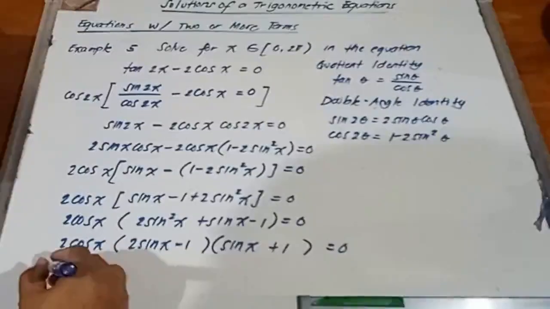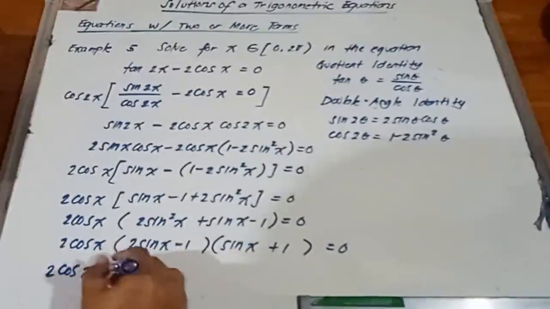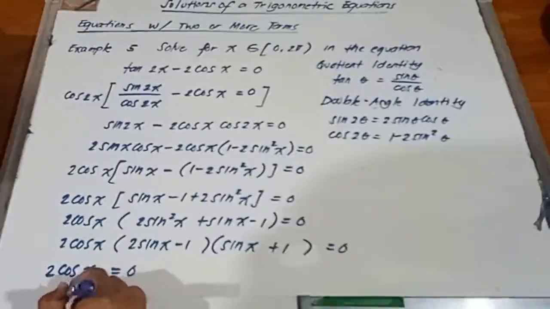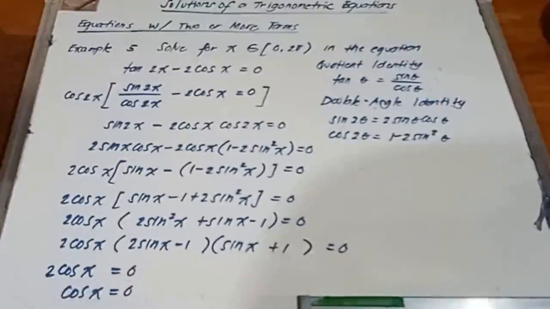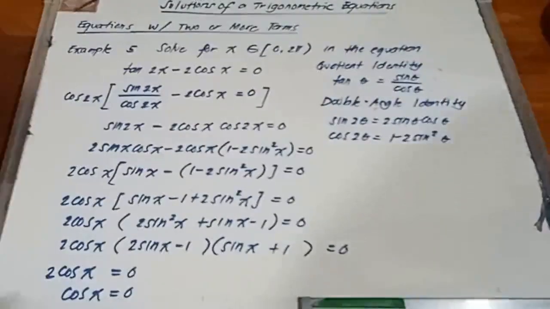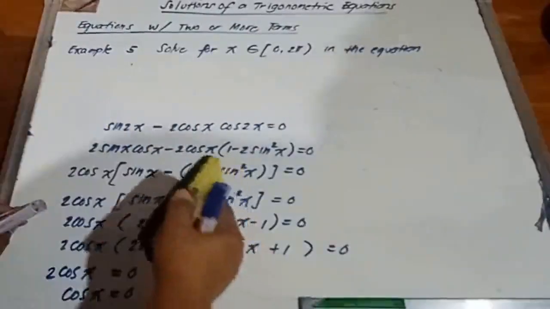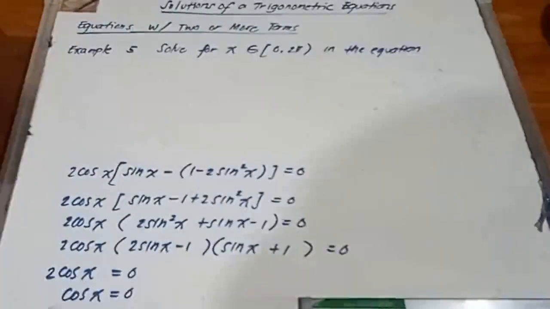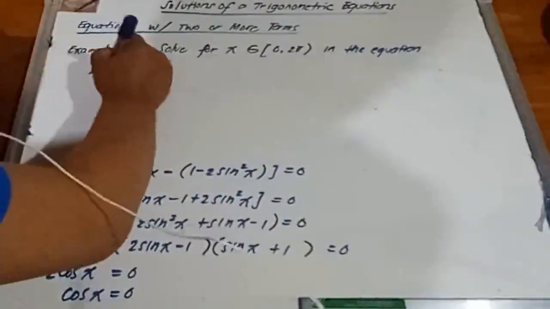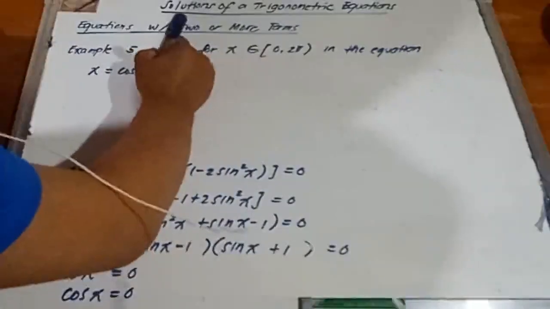And then, zero factor law. We have ito muna, 2 cosine x equal to 0. Therefore, cosine x equal to 0. Then we have x equal to cosine to the negative 1 of 0.